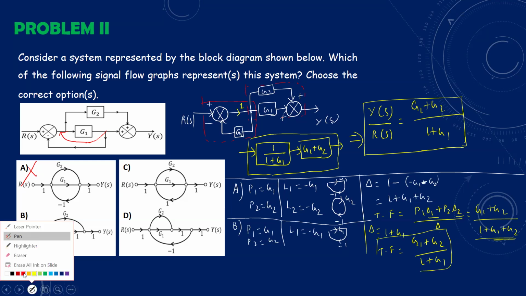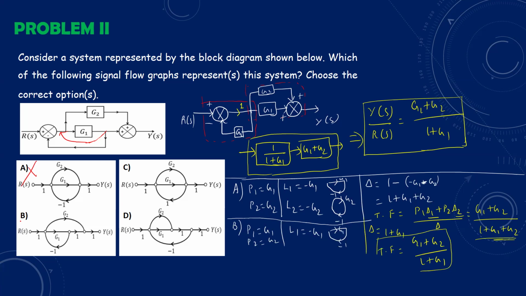Let me check out the other options. See option C, only +1 is given. It is not negative feedback, so by seeing that itself, we can mark it as wrong. And option D is like option B, but here it is G1 and G2, and here the G2 loop is given.